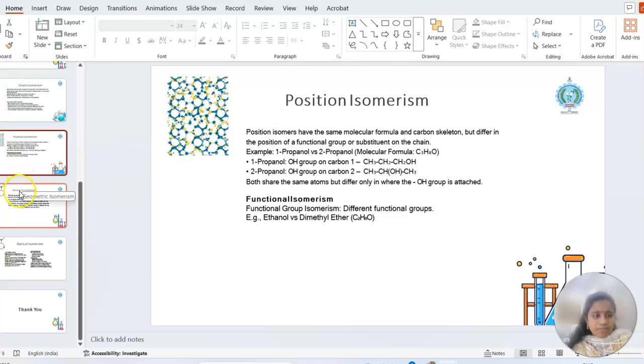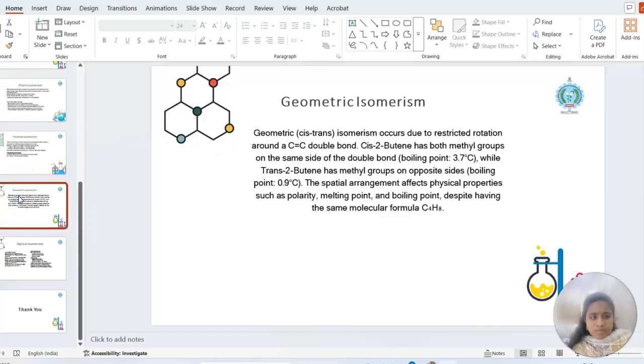Next, geometrical isomerism is related to cis and trans isomerism. In cis-2-butene, both methyl groups are on the same side. In trans-2-butene, the methyl groups are on opposite sides.